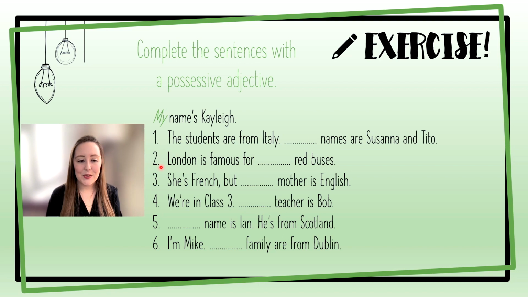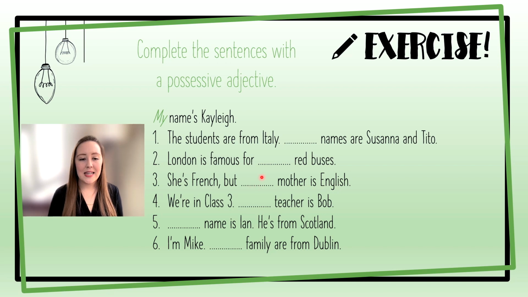Let's look at number 2. London is famous for red buses. London is an it. It's a place. What possessive adjective do we need? Let's look at number 3. She's French, but mother is English.